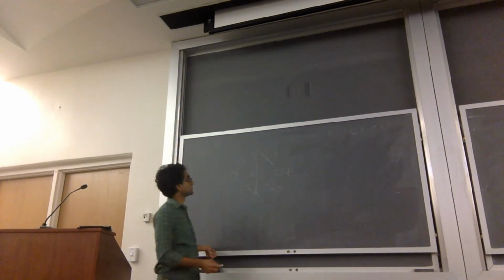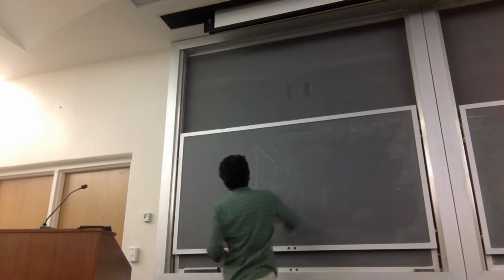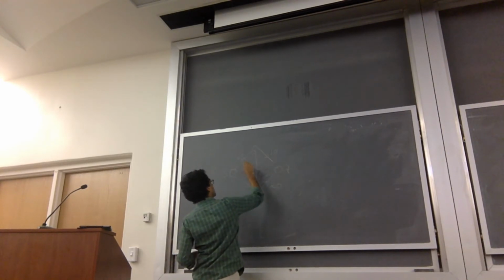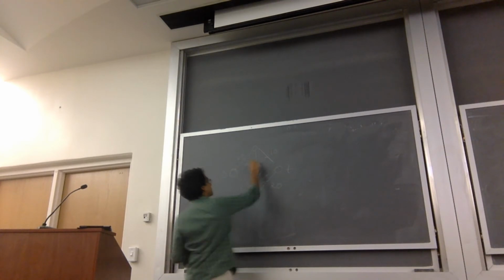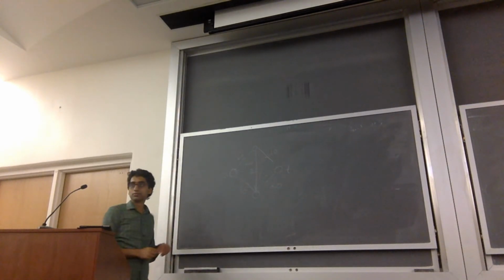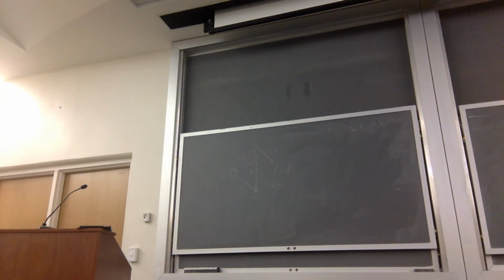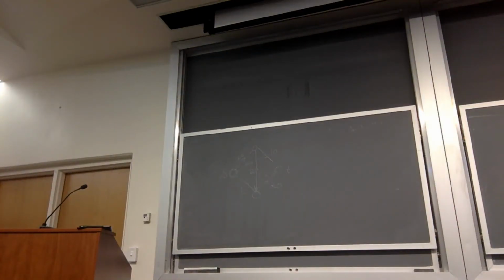So this is the original graph, and we have routed a flow which was something of this kind, which had 20 units.